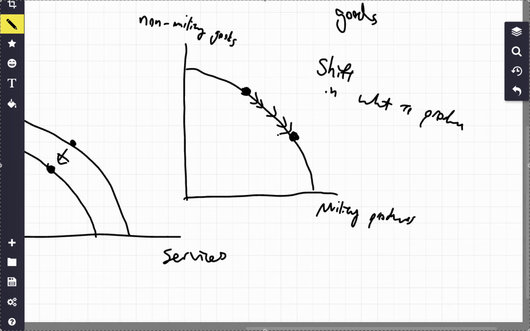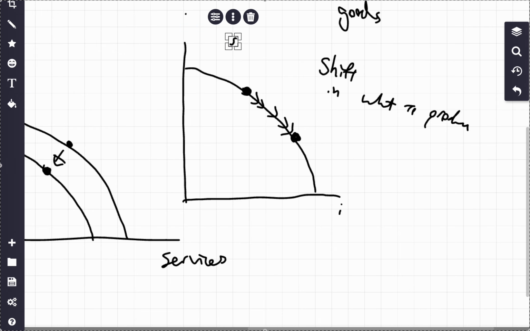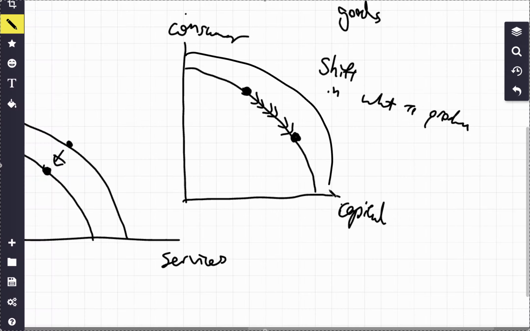You could argue that, for example, if the economy focuses more on producing capital goods rather than consumer goods, then in the long term the production possibility frontier will expand, because capital helps production.